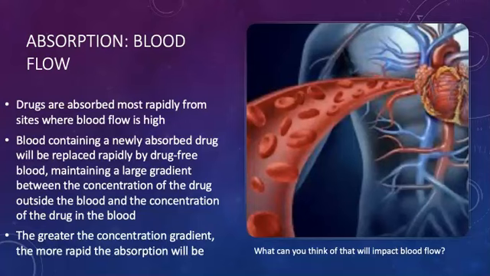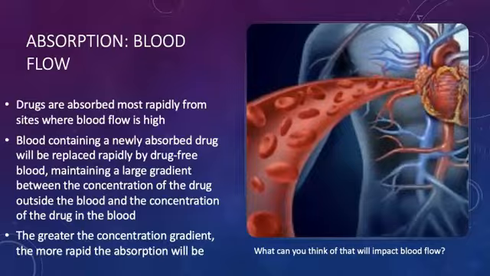Some of the other things that can impact absorption are really blood flow. So if you have great blood flow passing by the stomach and the small intestine, then drugs are going to be absorbed much more rapidly. If you have poorer or less blood flow to those areas, you're not going to have great absorption.